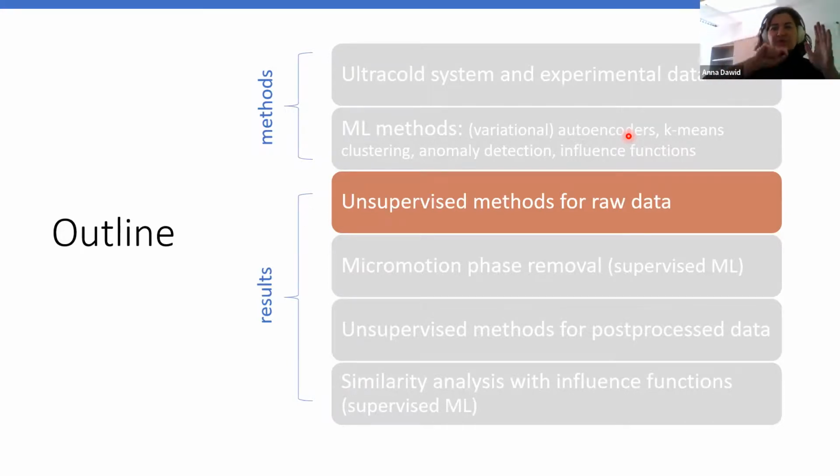In the meantime, you have a bottleneck which forces the algorithm to compress the information about the data. I showed you how you can reproduce the phase diagram via an autoencoder anomaly detection scheme. And I discussed influence functions, which are able to extract a similarity concept from the machine.